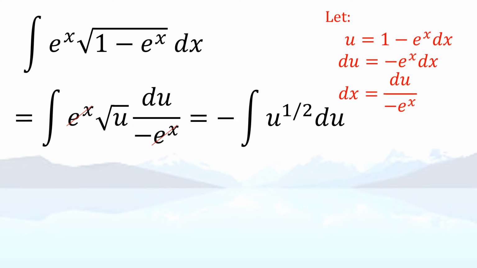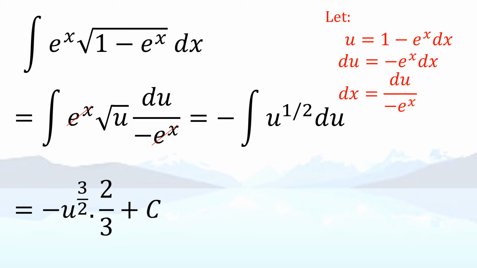And then integrating u to the 1/2, it is equal to u to the 3 over 2 times 2 over 3. As you can see here, we get the reciprocal of 3 over 2, and then we proceed to multiplication. Since we have a negative sign before the integral symbol, we have negative u to the 3 over 2 times 2 over 3 plus c.